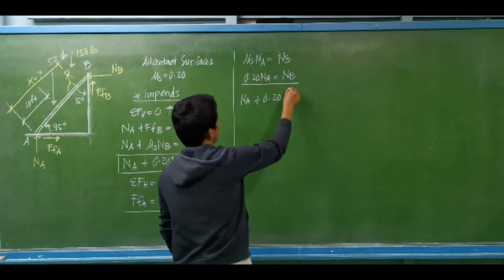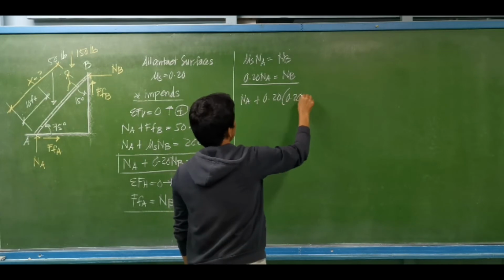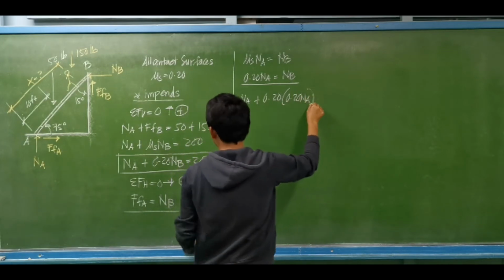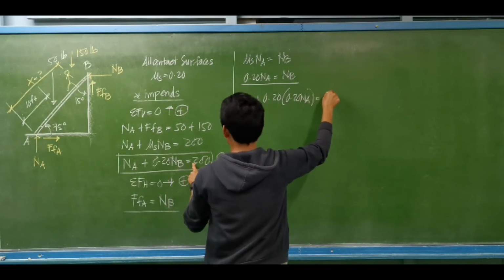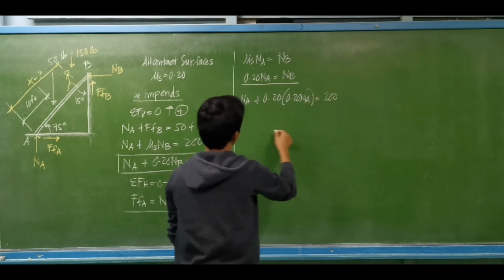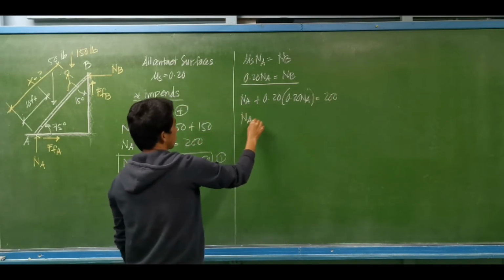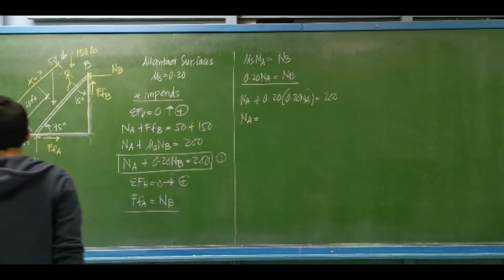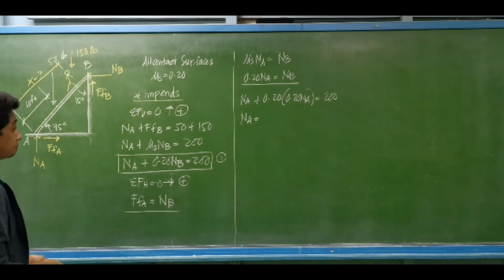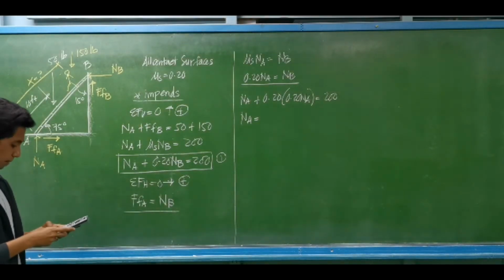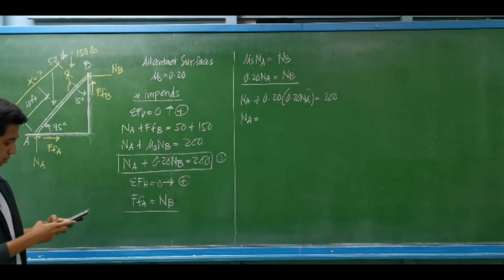That is the same as 0.20 N_A, and this is equal to 200 pounds. So the first thing to solve is the normal reaction at A. We have 1 plus 0.2 squared, and 200 divided by that value.